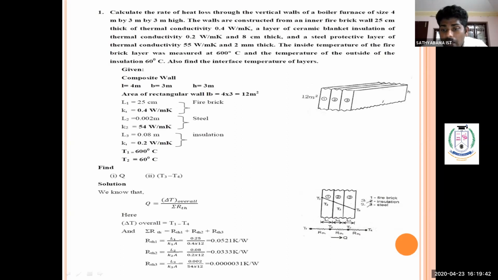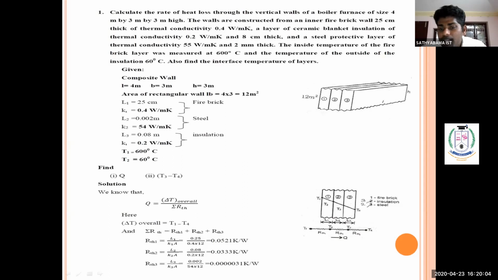See, I'm moving the cursor. You can see the diagram. So this is 3 layers: first layer, second layer, and third layer. The first layer temperature T1 is there, then T2, then T3, and the outer temperature T4. So what is the temperature difference here?